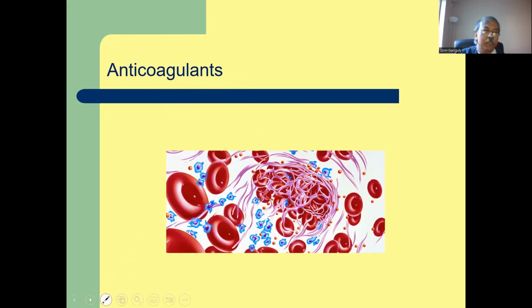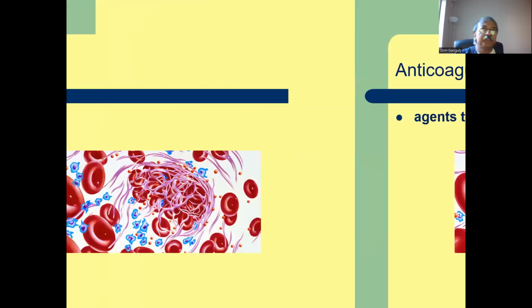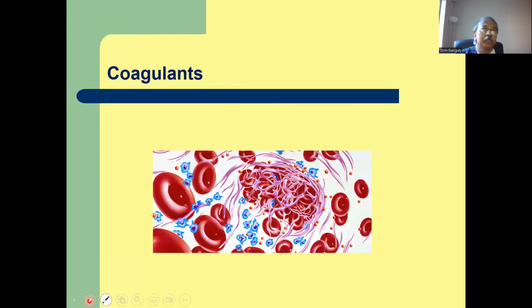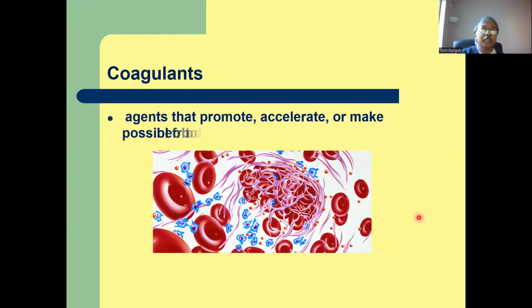Next, we have coagulants. Coagulants, on the other hand, are required when the patient's own clot formation process is damaged.